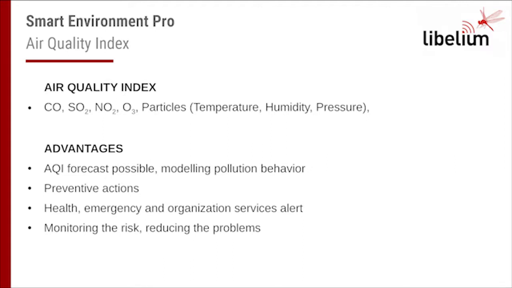And of course, all this data related to the temperature, humidity, and pressure. The advantages of the air quality index are that forecasting is possible and modeling the pollution behavior is also possible. You can establish preventive actions for health, for emergency and organization services, and monitoring the risk. Finally, you will reduce the problems.